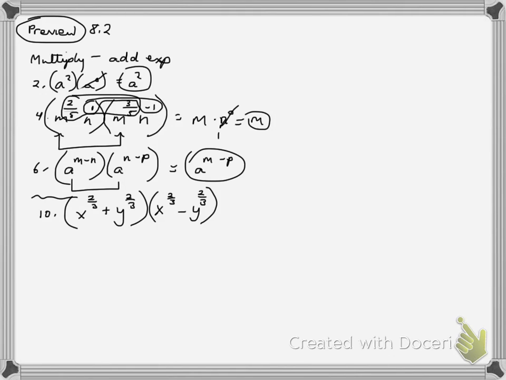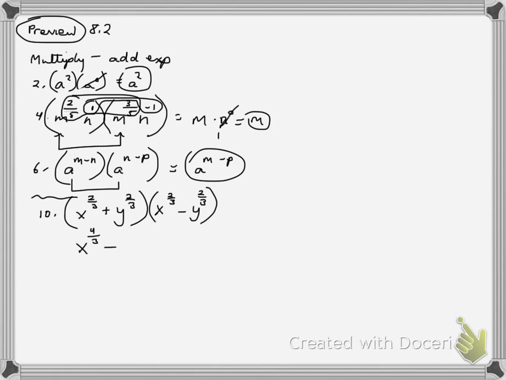So first terms, we're going to add those, and that's going to be x to the 4/3. The outer and inner will have x to the 2/3, y to the 2/3, minus x to the 2/3, y to the 2/3. So they will drop out, just as you would expect when you have the addition and subtraction of the same binomials.